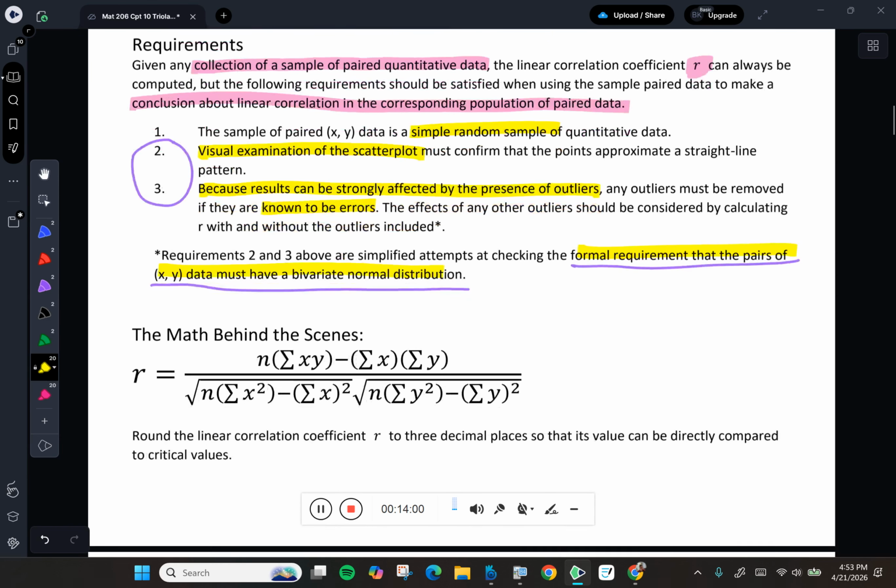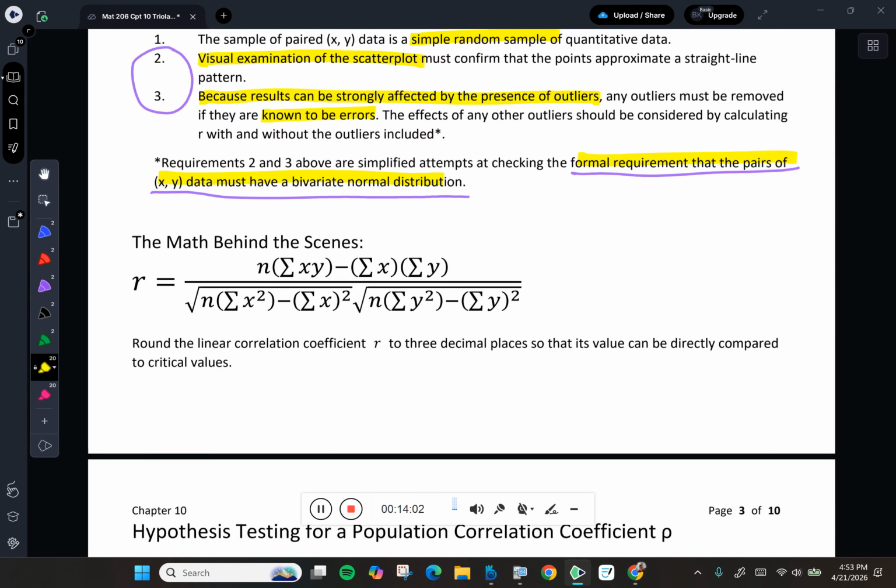The math behind the scenes is this. The value for R is being calculated by this hot mess. I remember not too terribly long ago when we used to do that by hand. We don't do that by hand. Look at all that mess. That would be a tremendous amount of work, and one error in any one of those silly summations, and the whole thing would be garbage.